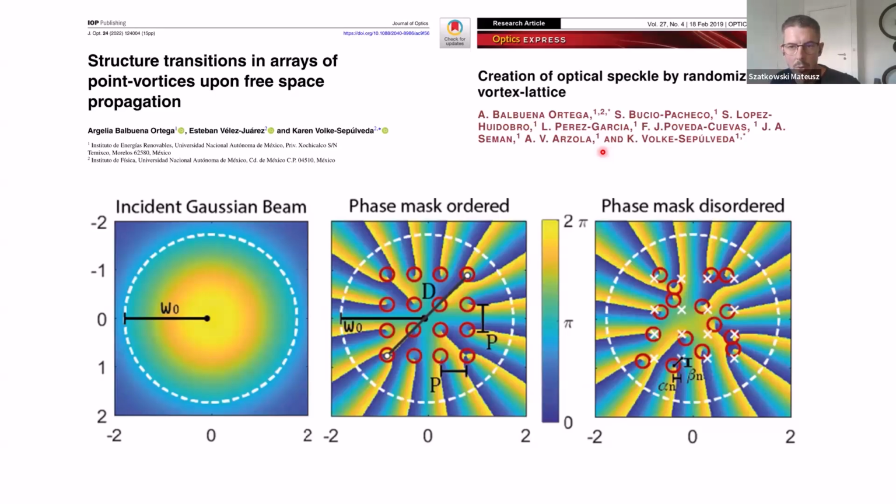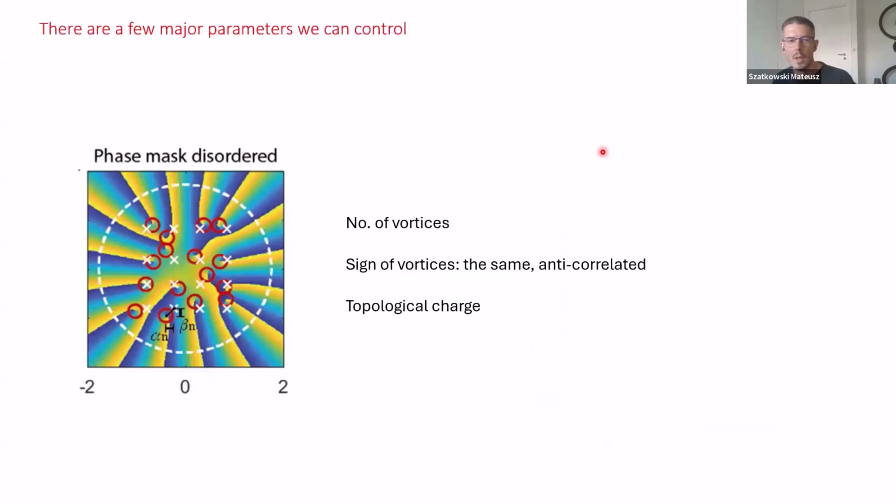So what are these major parameters? We can think about the number of vortices in a lattice, the sign of vortices, if it's the same, I'm talking about the sign of subsequent vortices, or anti-correlated as in the regular spectral field, or the value of topological charge.